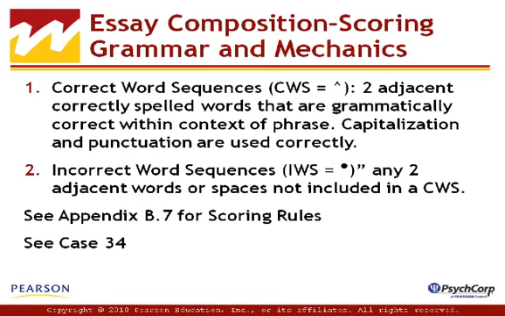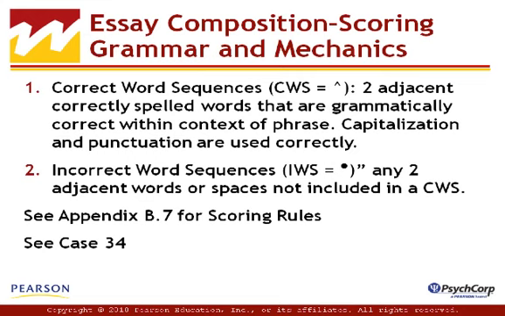So you may need to generate this supplemental score for grammar and mechanics, and you're going to be looking at the correct word sequences. So you're going to look at every 2 adjacent words, and you want to make sure that they're spelled correctly, that they're grammatically correct within the context of the phrase.